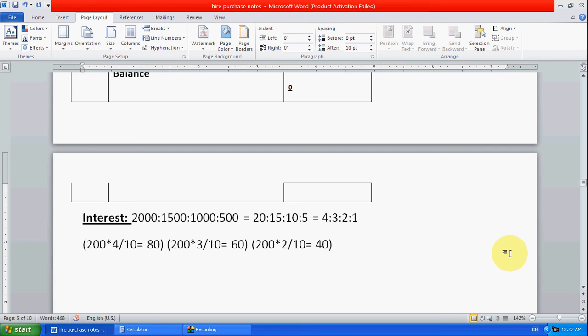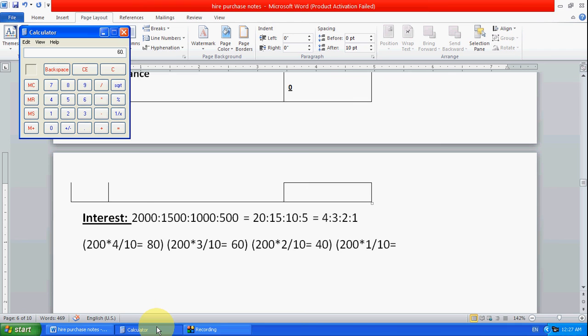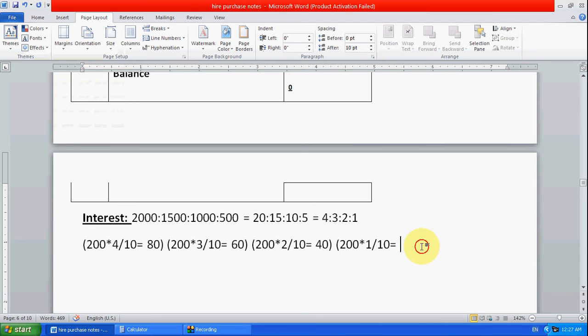Now the last: 200 into 1 divided by 10, which is 20.